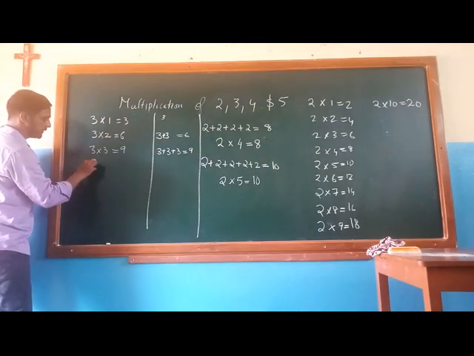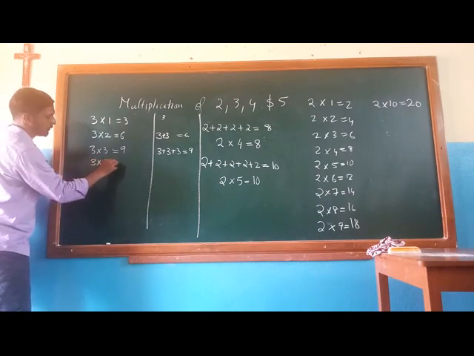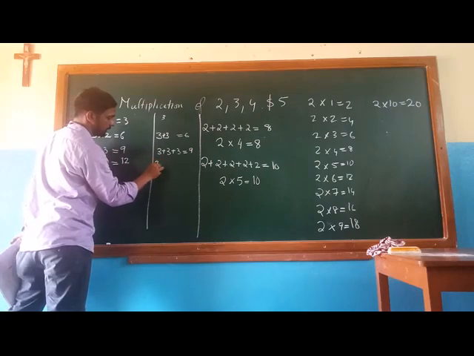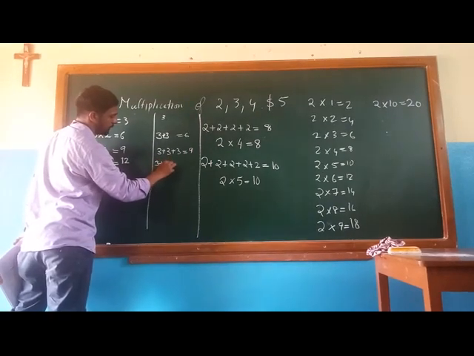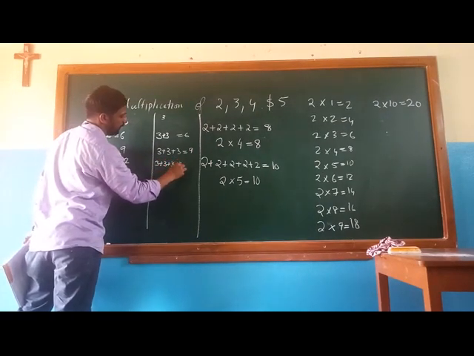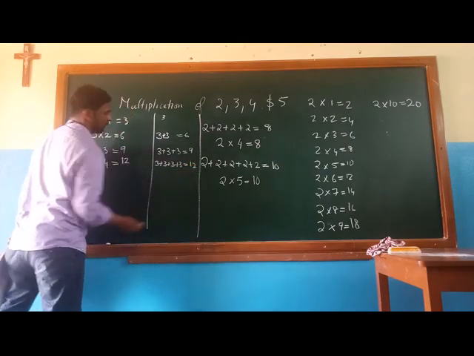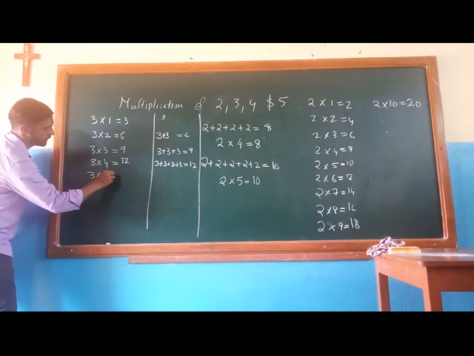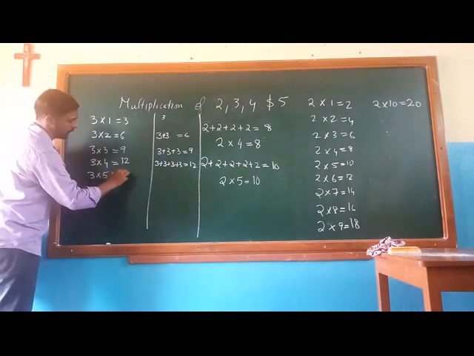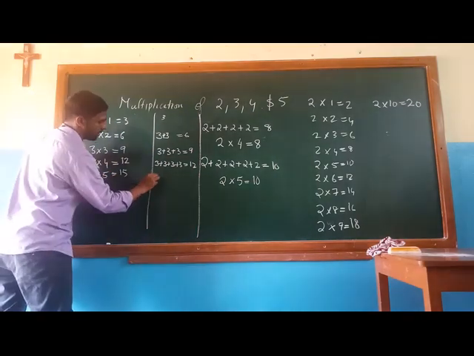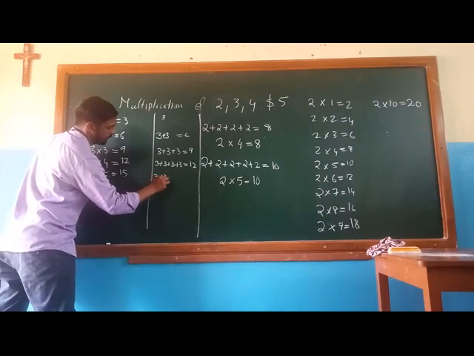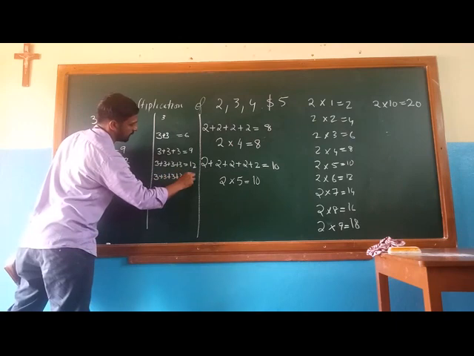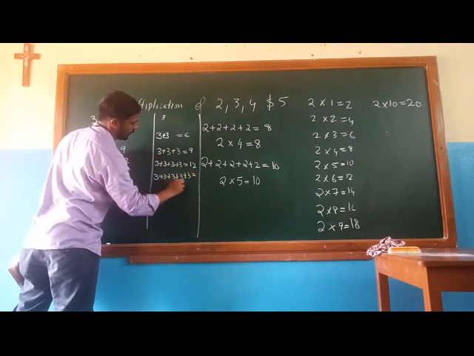And if you are adding 3 for 4 times, you will get 12. So you see 3 plus 3 plus 3 plus 3 is equal to 12. If you are adding 3 for 5 times, you will get 15. So here we can write 3 plus 3 plus 3 plus 3 plus 3, that is 1, 2, 3, 4, 5.